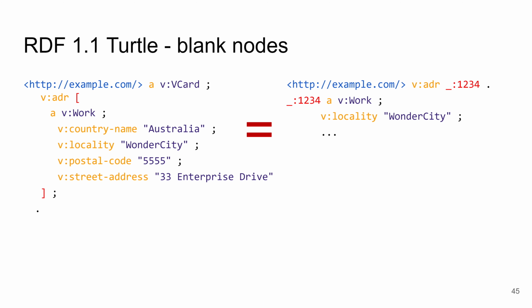And this V card has an address specified on it, and this address is a blank node. So we can use the square brackets in the object part of the triple to say that the object is a blank node and it has the following predicates and objects with this blank node as a subject inside the brackets. And those two notations are then equivalent.